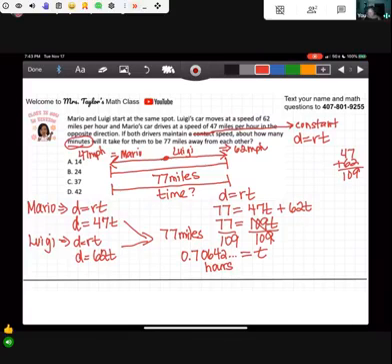So what we know is that 1 hour equals 60 minutes. So we've got to do some converting.